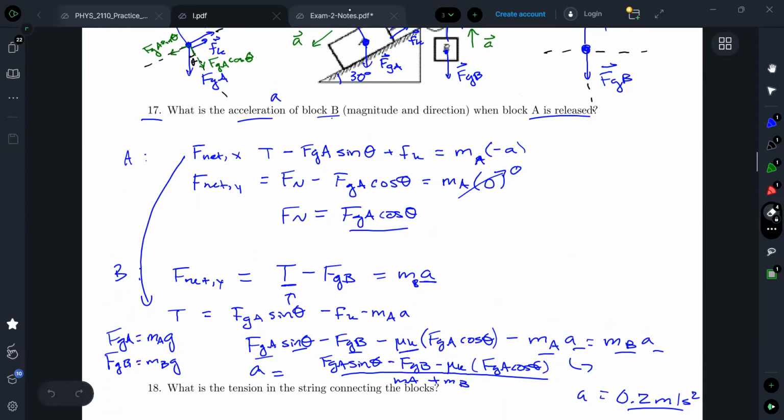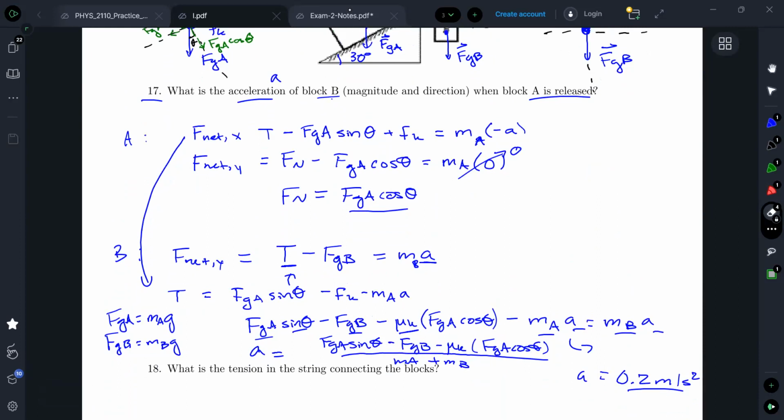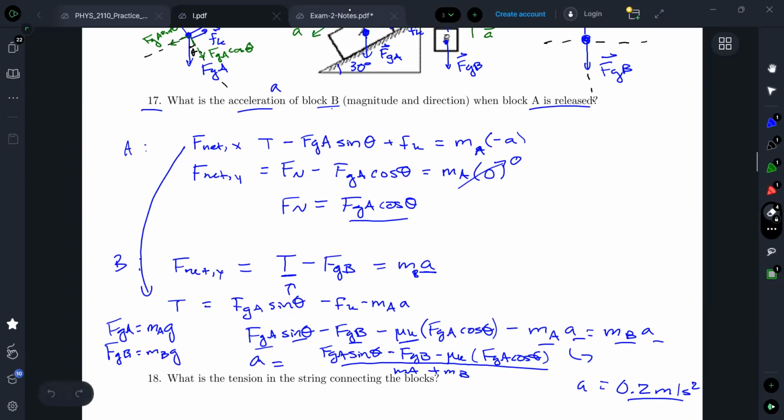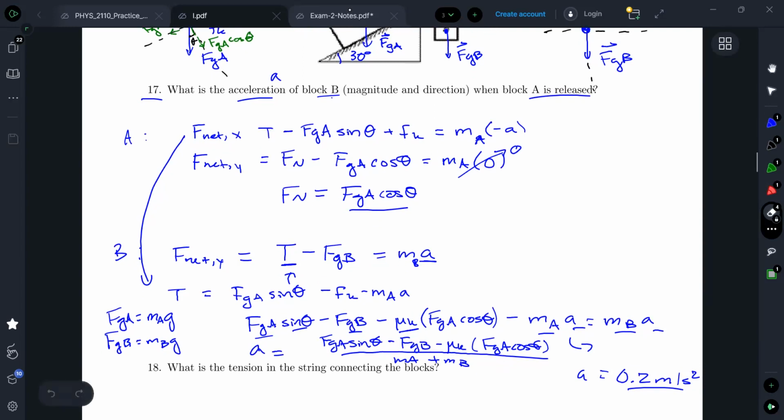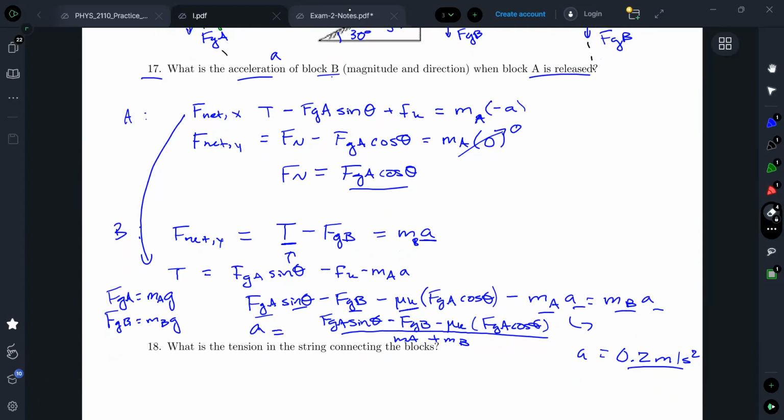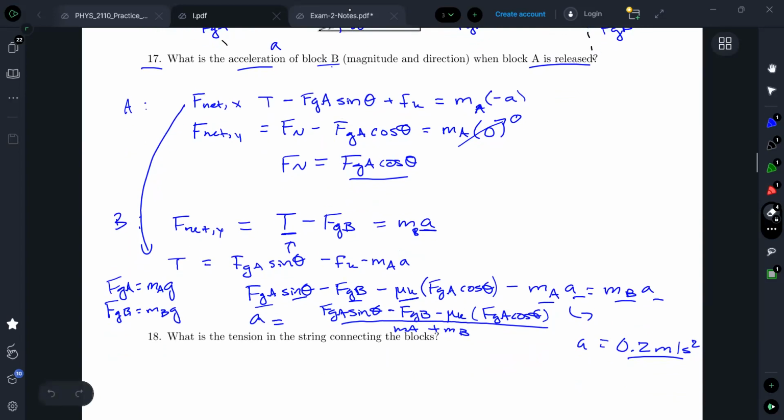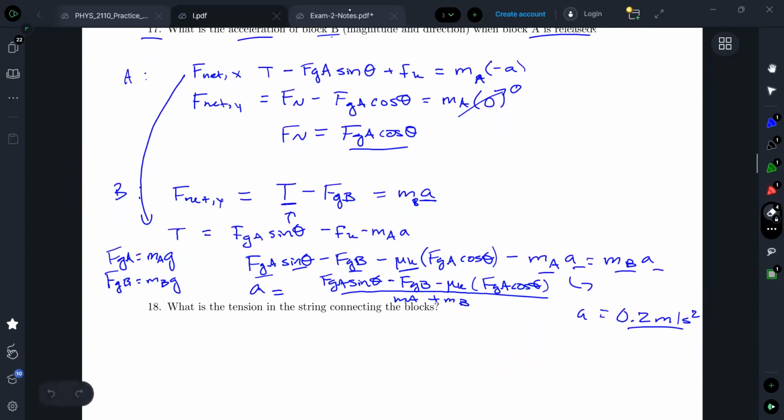I am not sure where it went wrong. Let's see, when I substituted, that's FGA sine theta minus FK minus that. Yeah, I don't see a problem here.